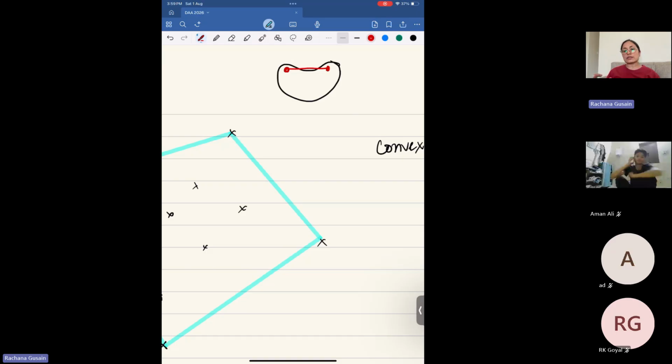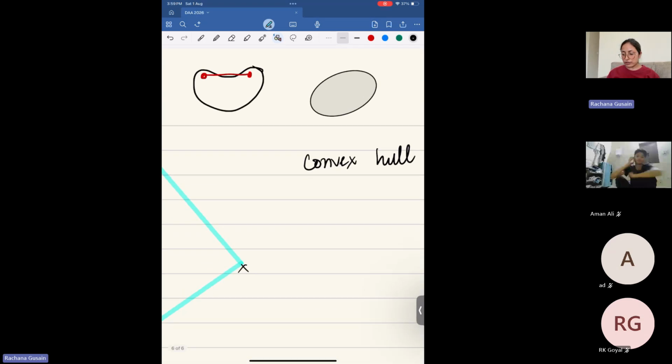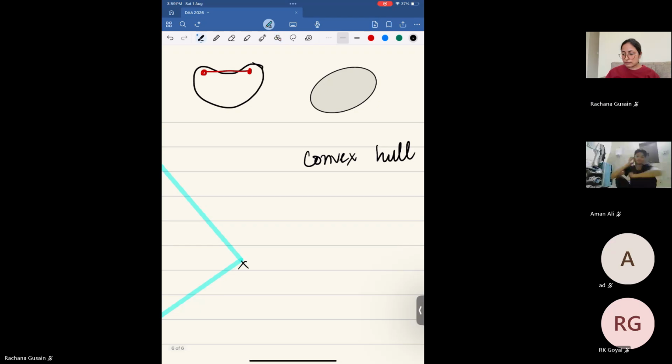Whereas something like a circle or ellipse, right? Those are convex shapes. This is a convex shape, because here, no matter where you take the 2 points and connect them by a line segment, the line segment is always going to lie within the figure.